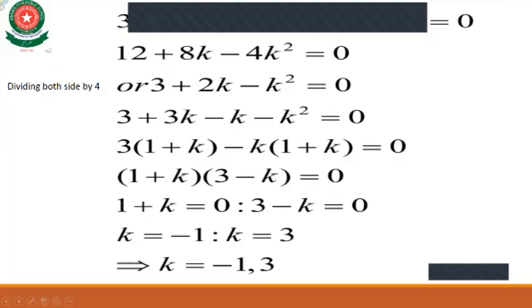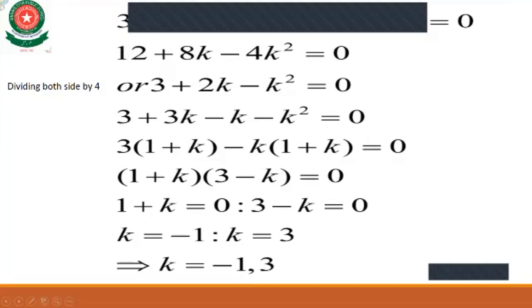And by shifting the constant term 1 to the right, plus 1 will change into minus 1. Then the values of k are minus 1 and 3. Those are the two values of k. If you have any questions, beta, you can note them down. I will discuss them at the end of the lecture.